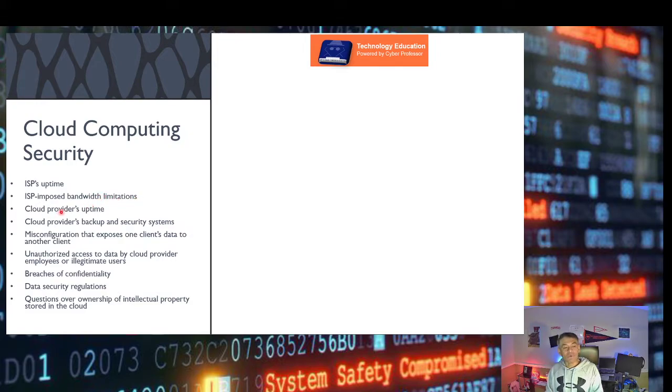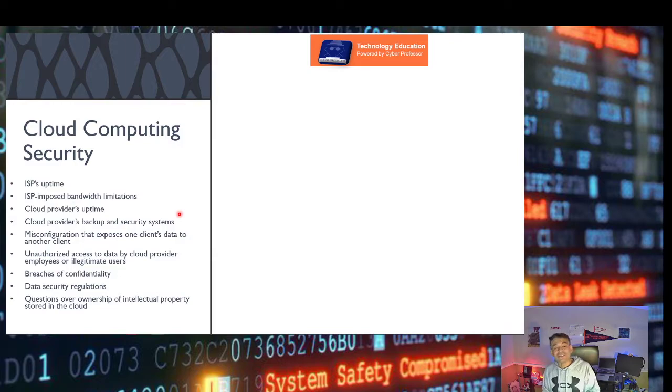Now, the cloud provider's uptime. You're relying on either Microsoft, Amazon, or Google to make sure that their data centers are up and running whenever your company needs them. And if those data centers are down, then your company will be down as well. Cloud providers' backup and security systems.